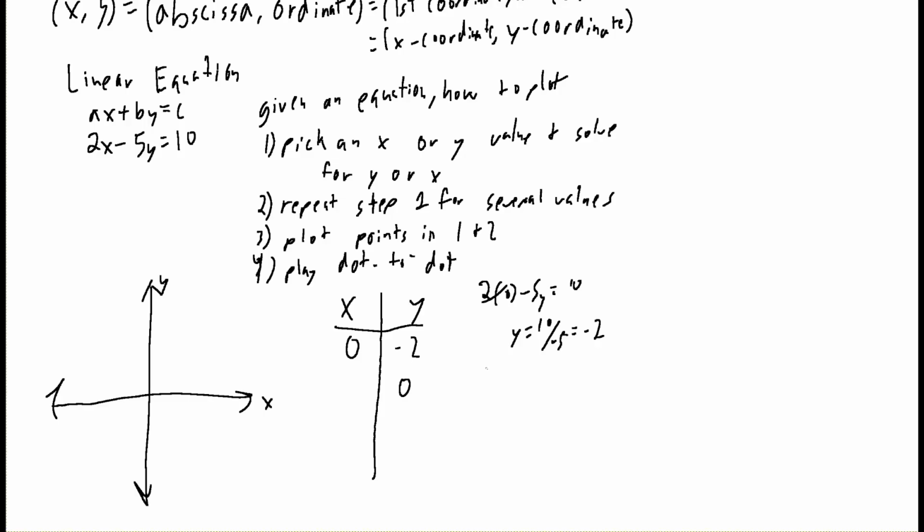And then go the other direction. 2x minus 5 times 0 is equal to 10. That goes away. Divide both sides by 2. So now I have that x is equal to 10 over 2, also known as 5. So we put a 5 over here. Okay, so that's enough to say that I need 5 lines up, 1, 2, 3, 4, 5, and 2 lines to the left.